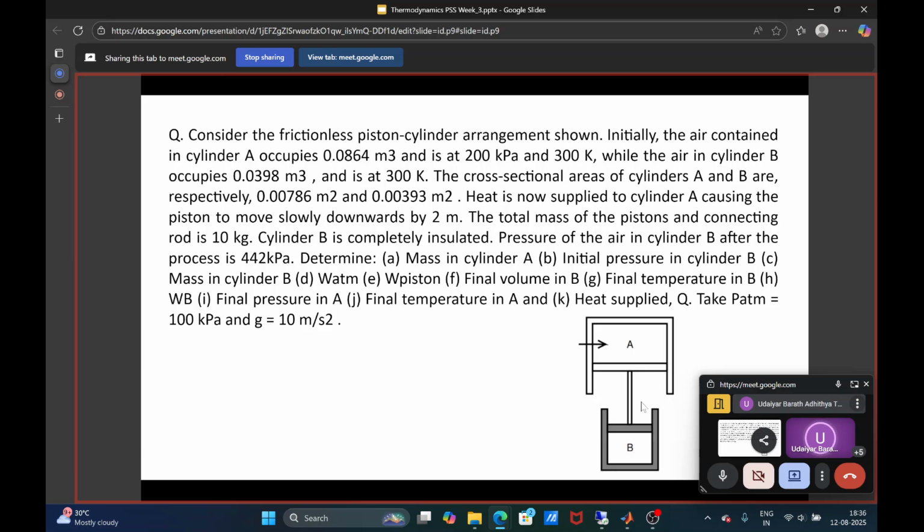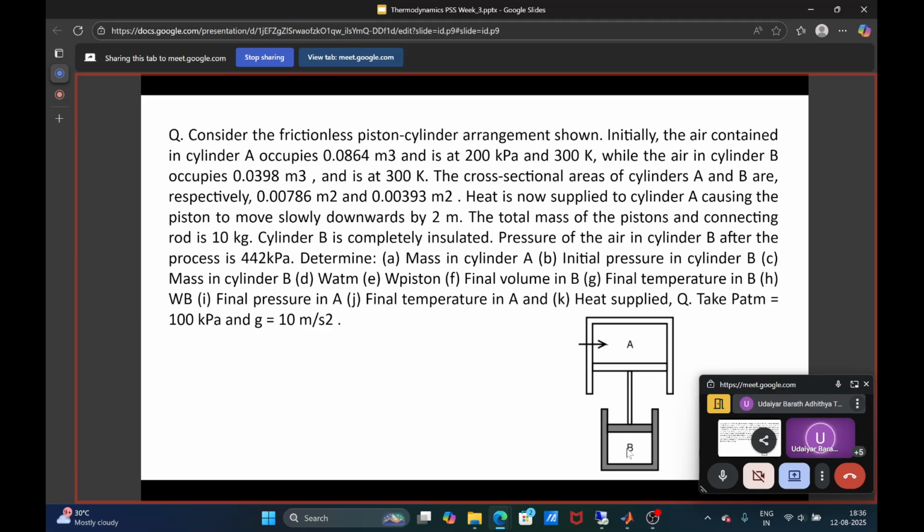So that gives you an expression with pressure in cylinder A, pressure in cylinder B, the atmospheric pressure, and the weight of the piston with the areas and so on. Using that, the only unknown was the pressure in cylinder B, so we estimated the pressure. So the second part is done.